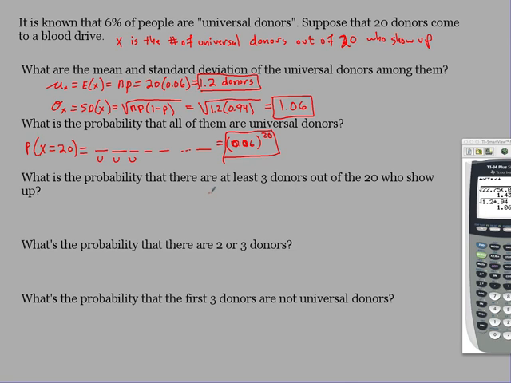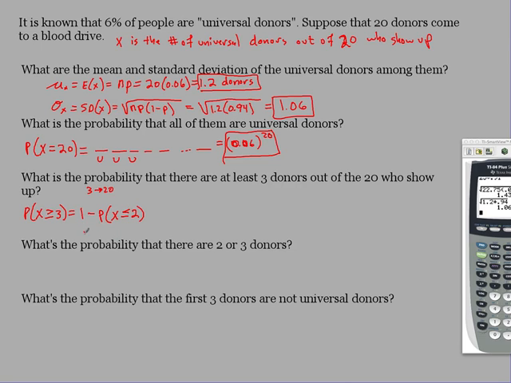Okay, what is the probability that there are at least 3 universal donors out of the 20 who show up? Okay, so at least 3, so I'll just write this. So probability of at least 3 is that. I'm looking for 3 all the way up to 20. Okay, so this is going to be 1 minus the probability that x is less than or equal to 2.